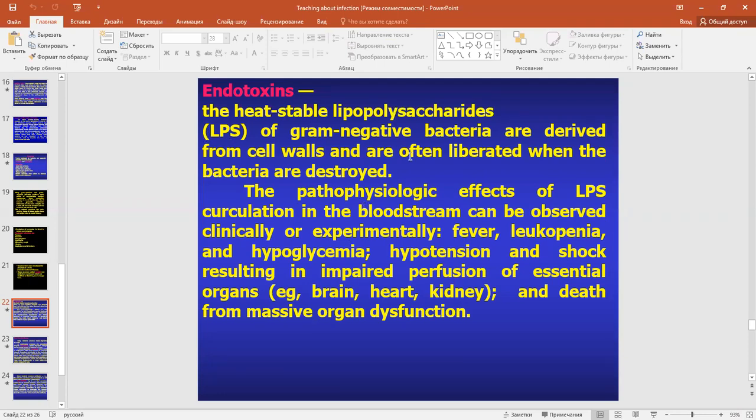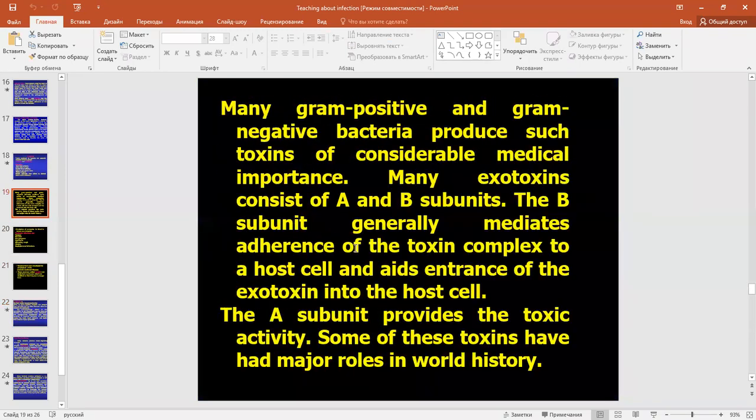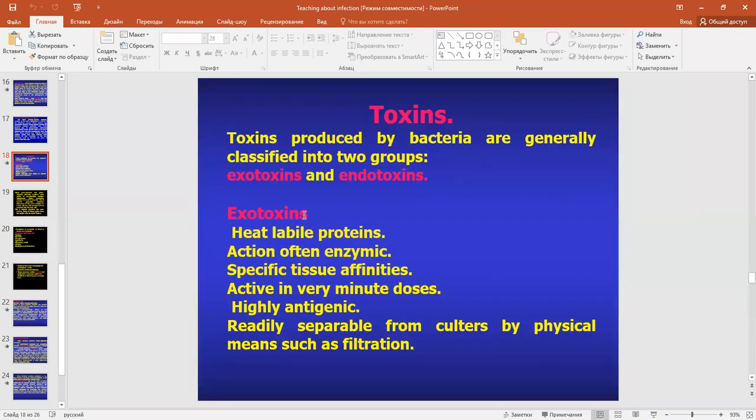But they are not produced specially. For production of exotoxins, by the way, the tox plus gene is necessary. Exotoxins are not life important for bacteria.